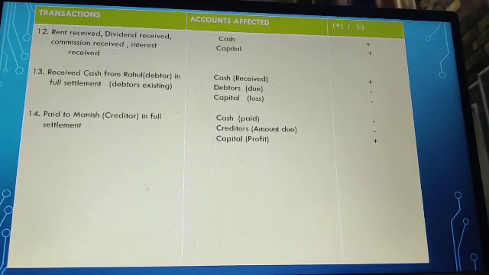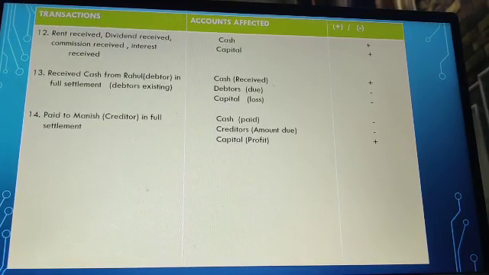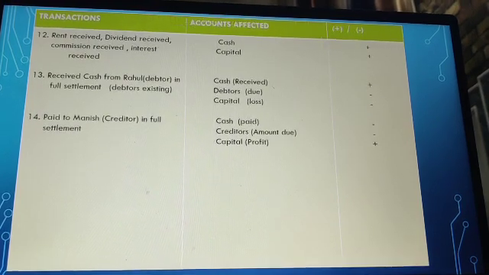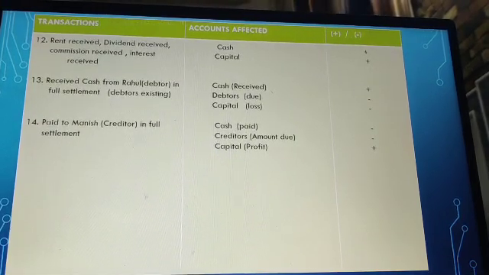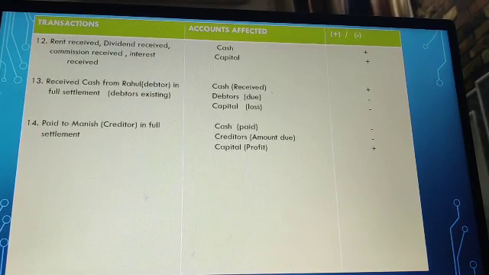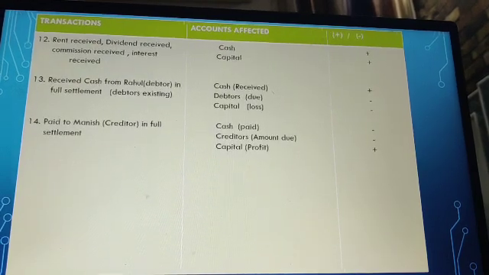This means Rahul was a debtor as shown in our accounting equation. So you are going to deduct the corresponding amount which was due from Rahul, and as well there would be some kind of loss which you are suffering. You are going to deduct that from capital. See over here.